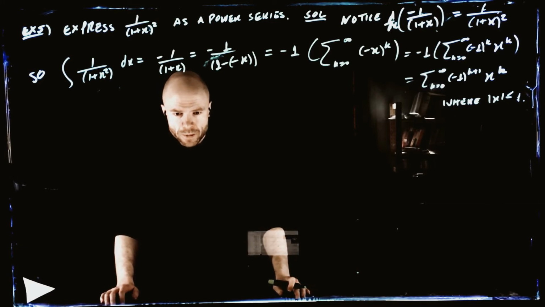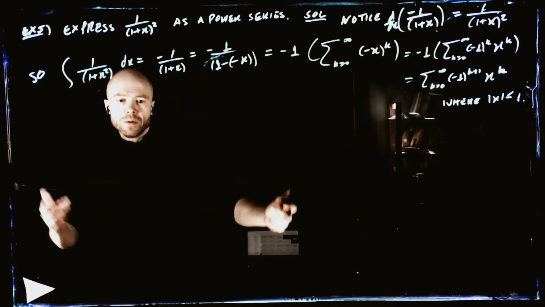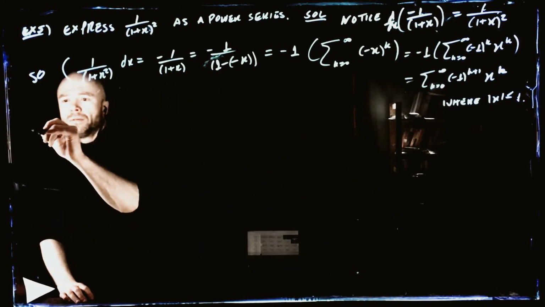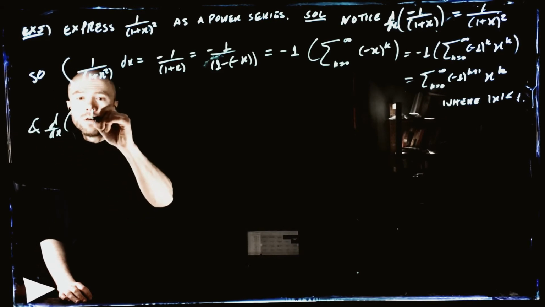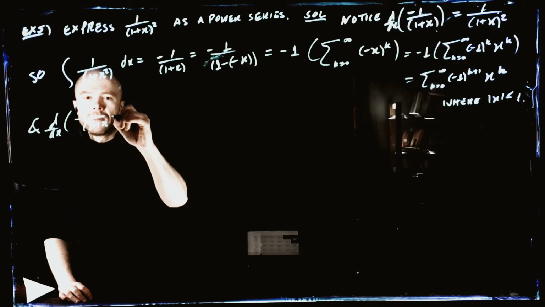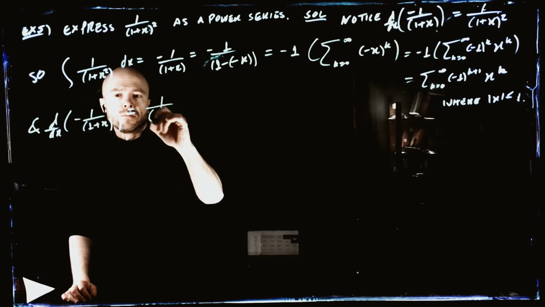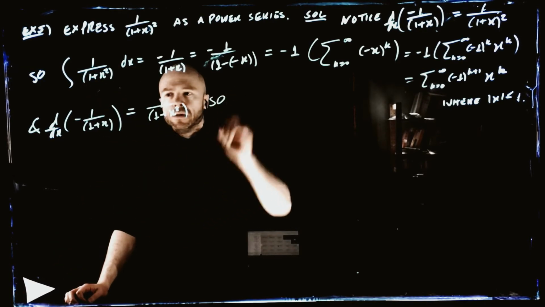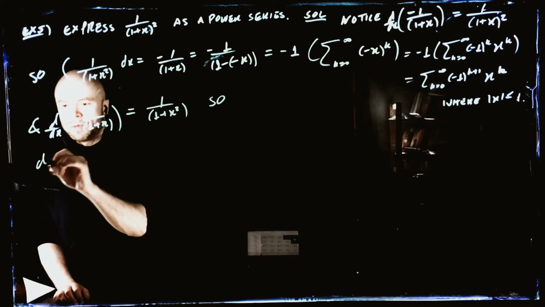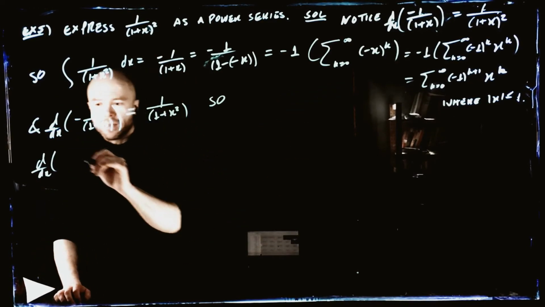So we have the power series expansion of the antiderivative. Cool. But we can go back now. d by dx of this is the thing we want, so d by dx of this is this power series.